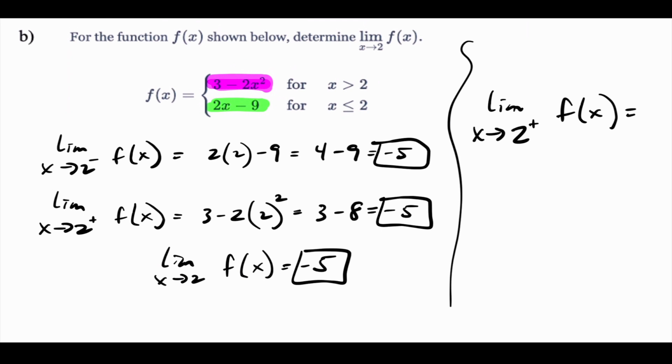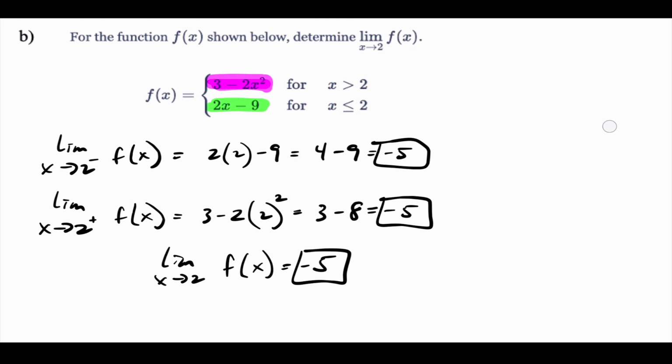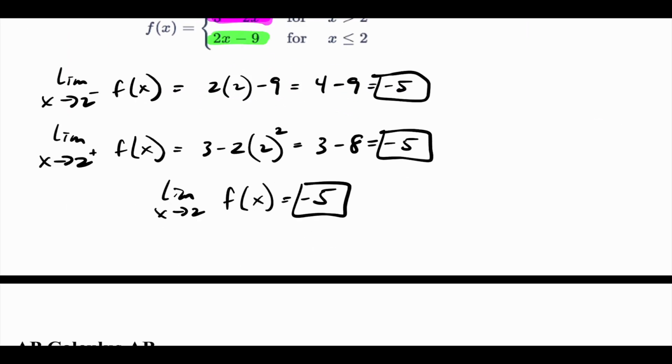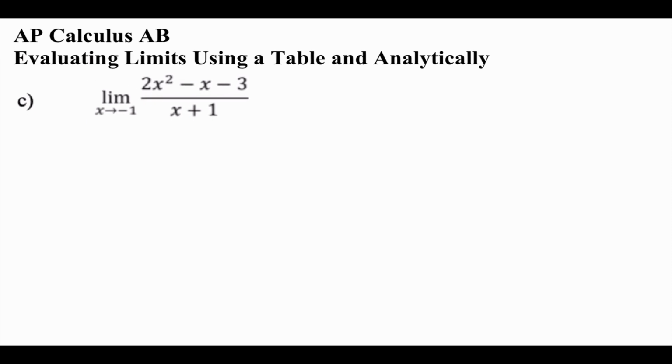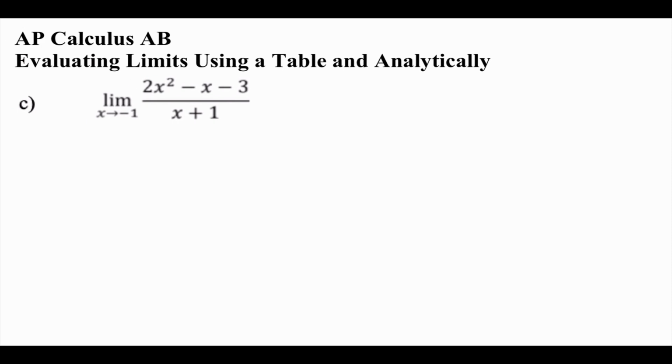No, you're right. Just the pink. Just the pink because I'm coming from the positive side, which is bigger than 2. Good. You guys got it. Sometimes I'll throw one of those at you too. All right, let's see here. All right, so here we go. Now let's look at this. So we got the limit as x approaches -1.